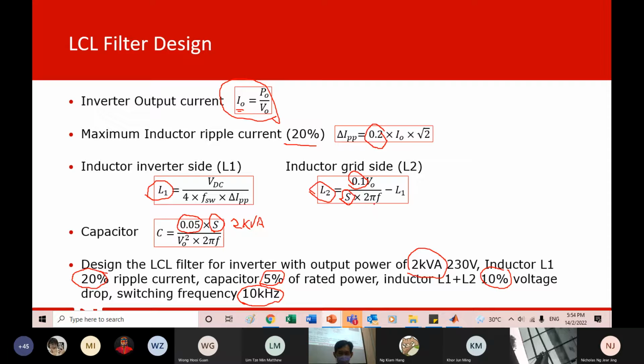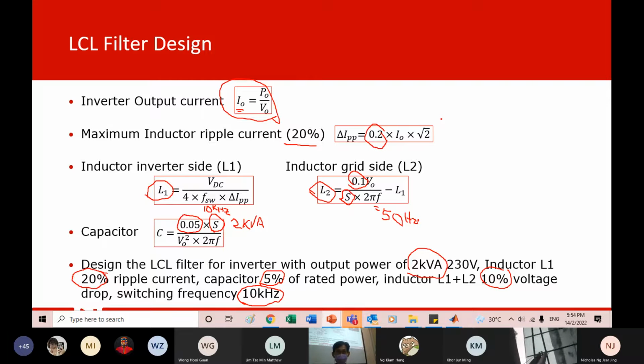And remember, 2π times f, this f is your 50 hertz, and the fsw is your 10 kilohertz. These are very common mistakes our students make. They think the frequency is all 10K, and then you get something very weird in the output. All the equations with a red box are very important, so please remember them.